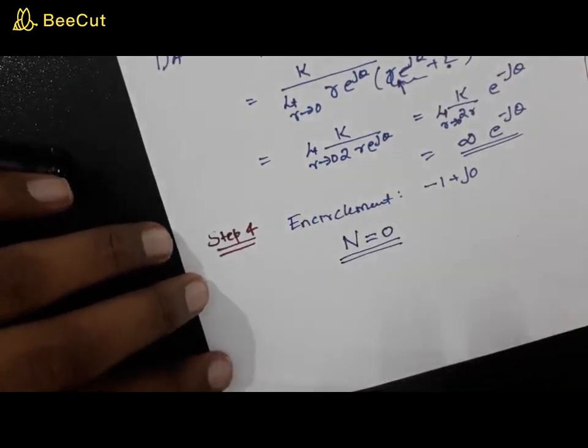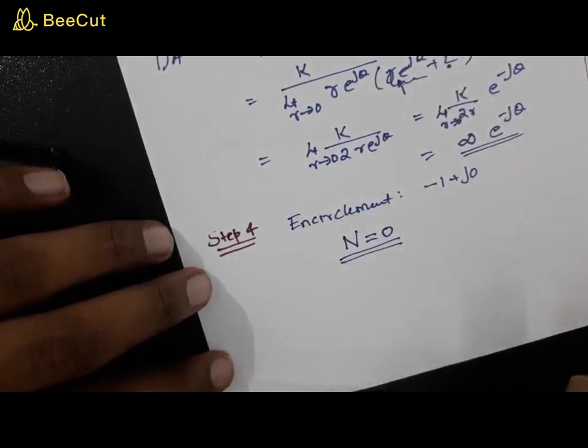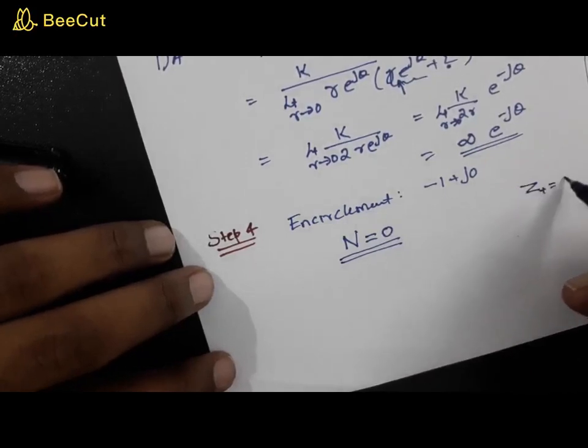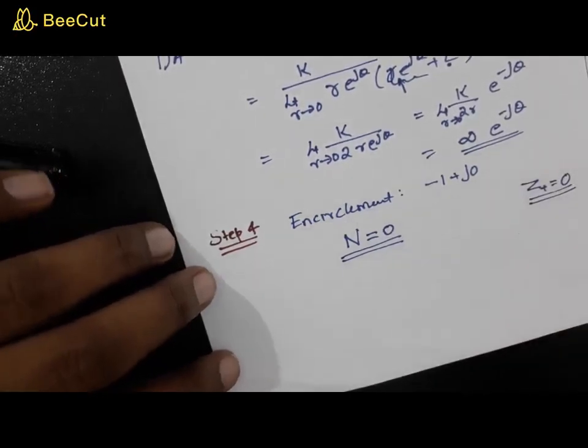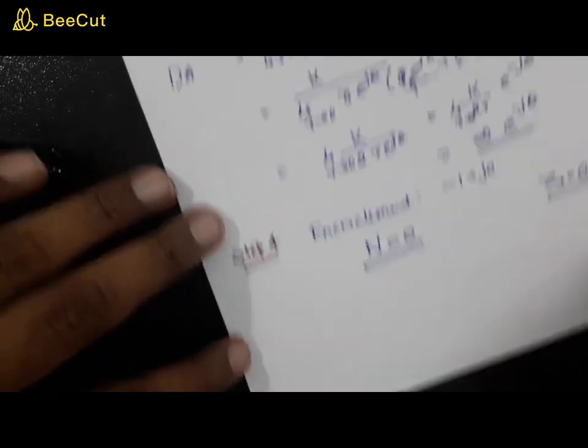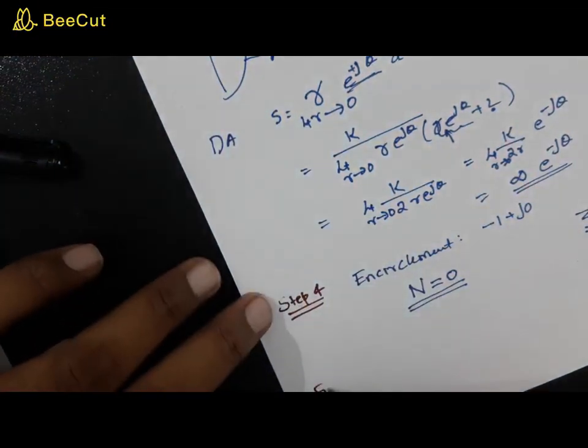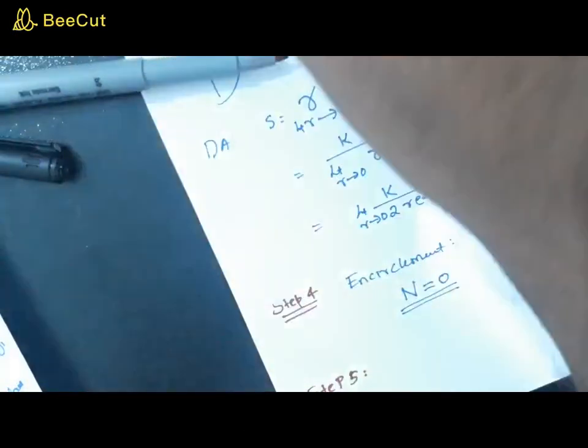Now, from this, don't conclude that the system is unstable. Nyquist criterion says for the system to be stable, Z plus has to be equal to 0. That's what we need to find out. Now coming to step 5, the ascertaining of the stability, the comment on the stability.